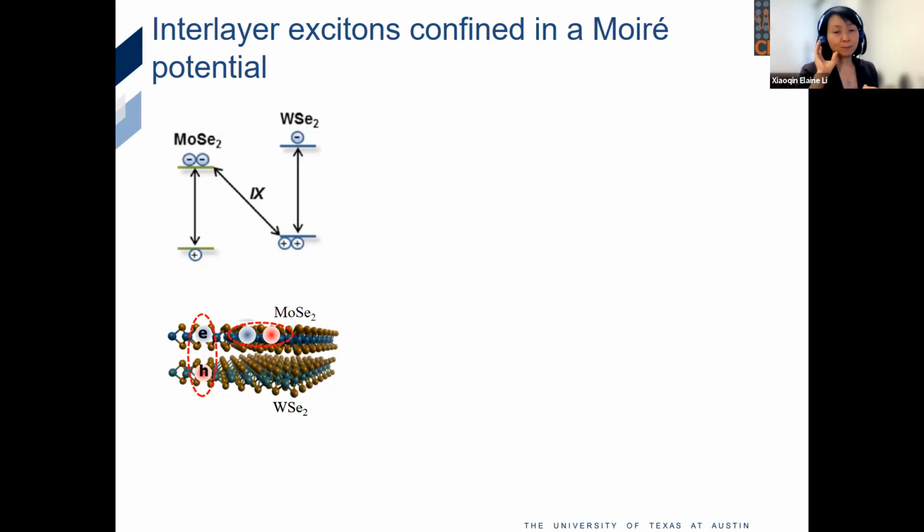So their properties are very different. Their energy is also very different. Largely, if I assume the binding energy is the same, the interlayer exciton would appear at lower energy because the band alignment has shifted. You can see this transition is going through a smaller energy gap between them.